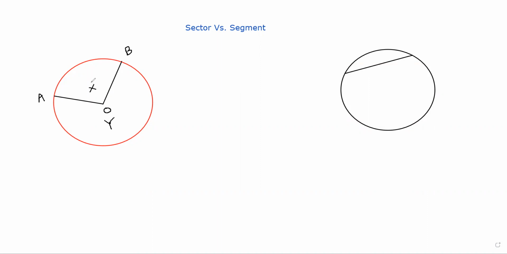So this X is representing the minor sector. And this one here is the major sector.